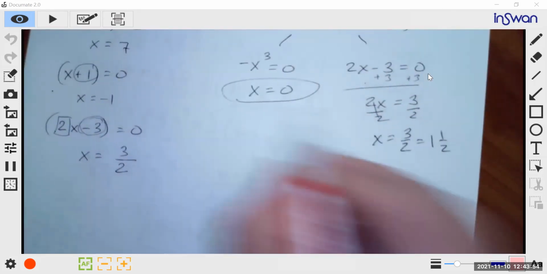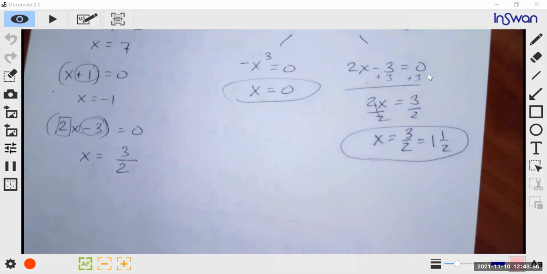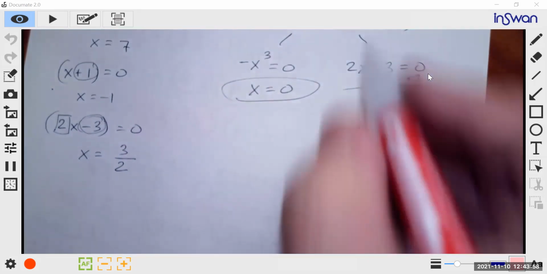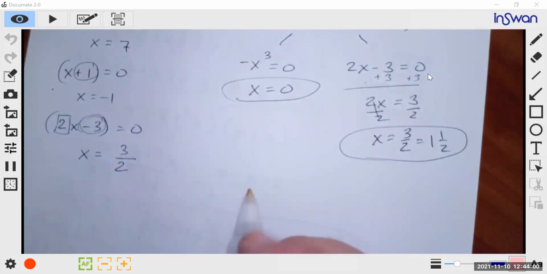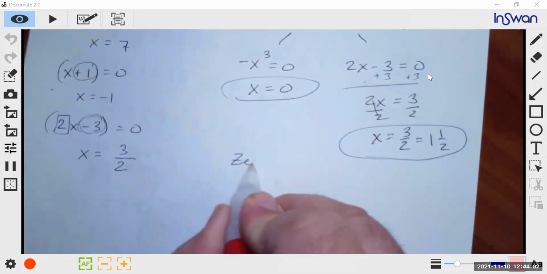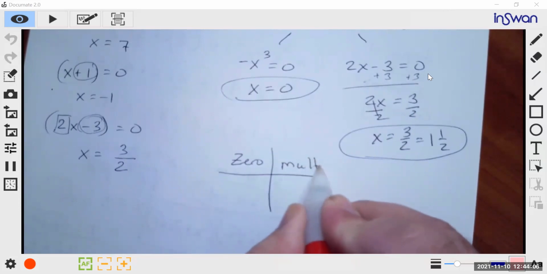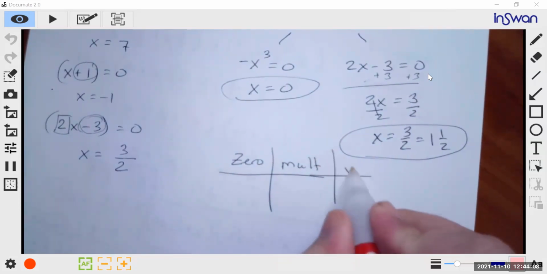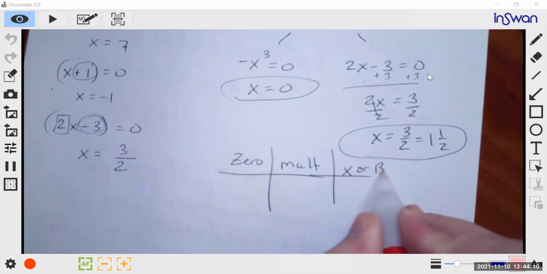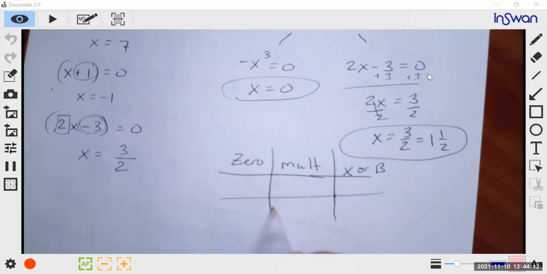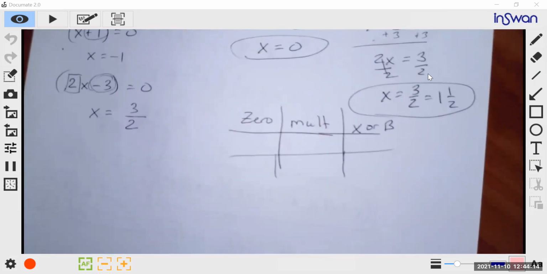So we have our intercepts. We have our multiplicities, we have the zeros and multiplicities. We talked about multiplicities, didn't we? Yes.